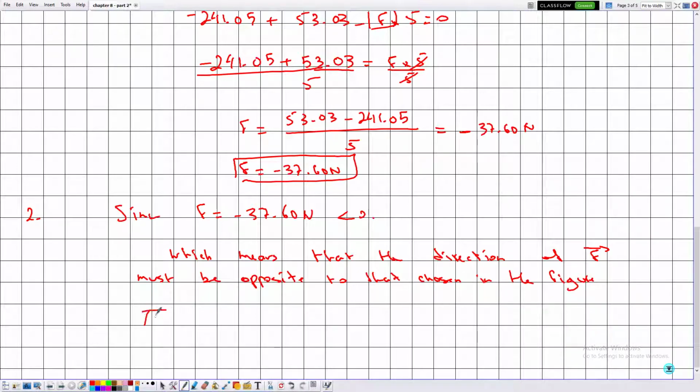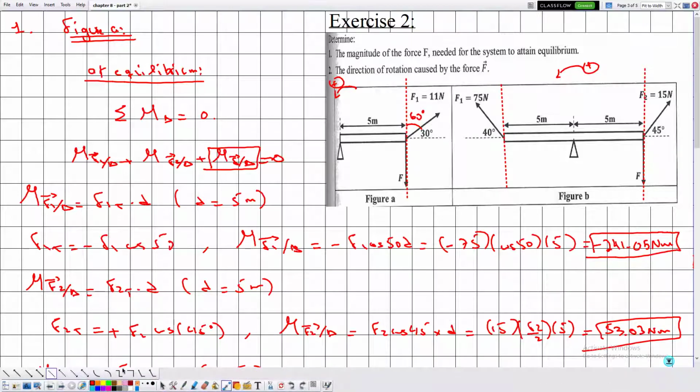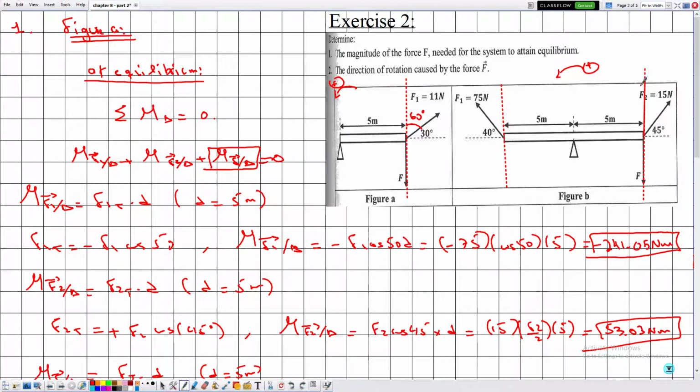Then in this case it must be vertically upward. So this is vertically upward like this. This is the new direction of F. The figure is not drawn to scale and this direction of F is wrong.